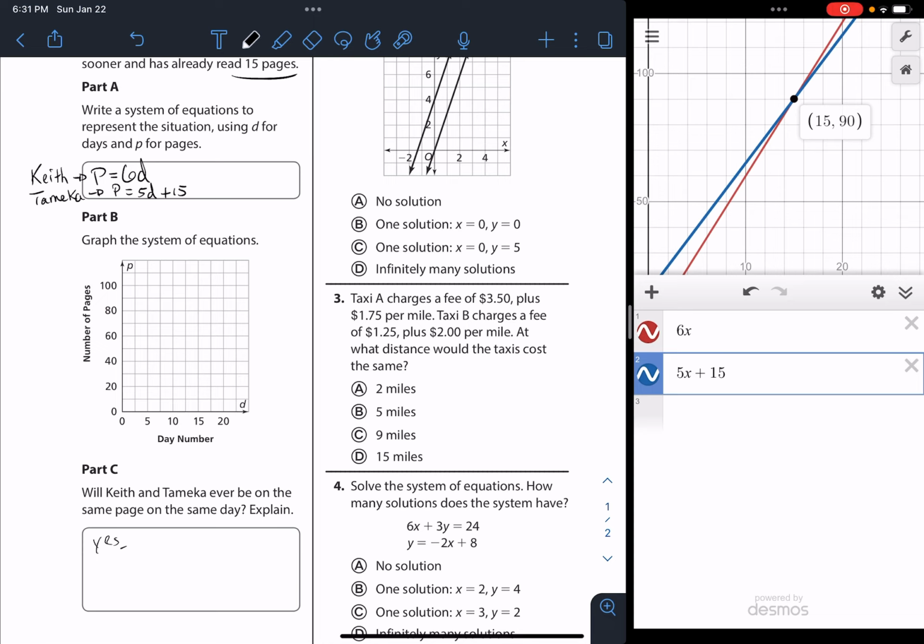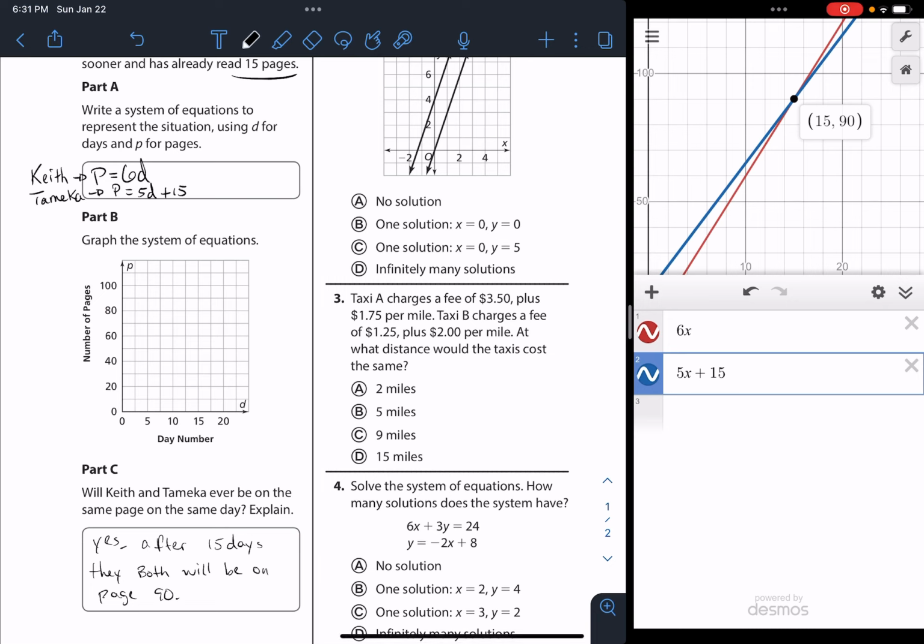So they will be, let's see here, the x value is 15. So yes, after 15 days, they both will be on page 90.